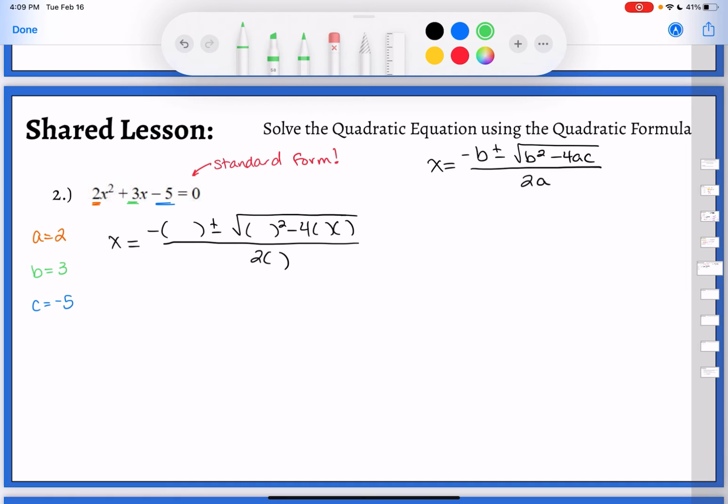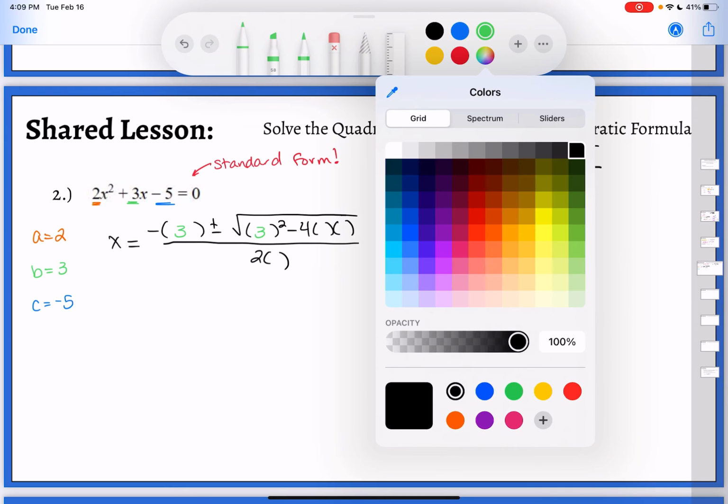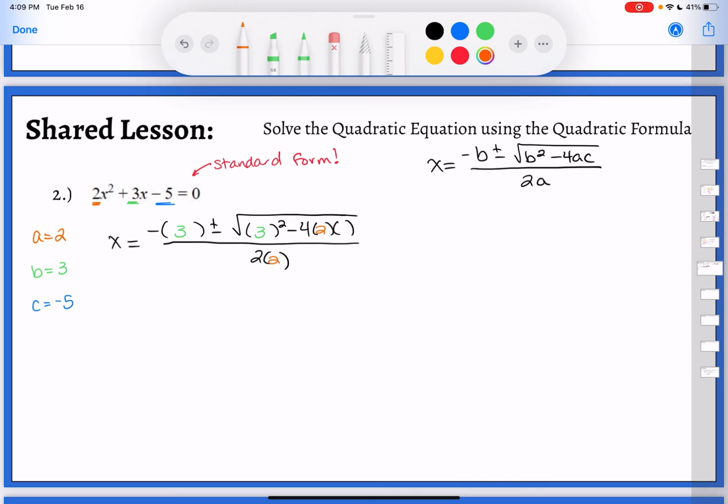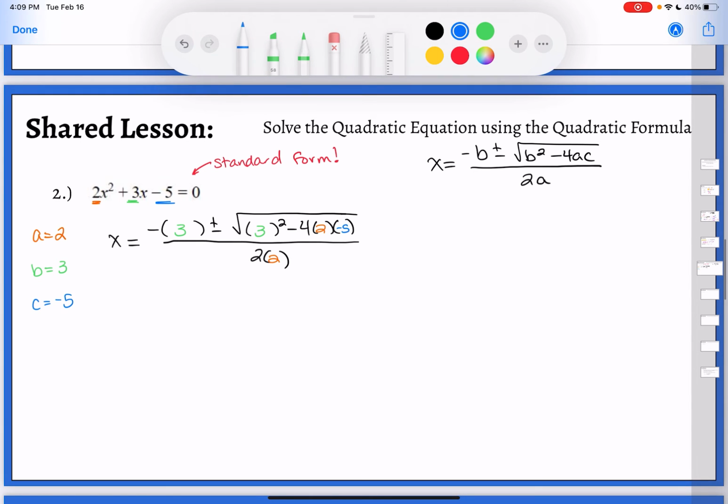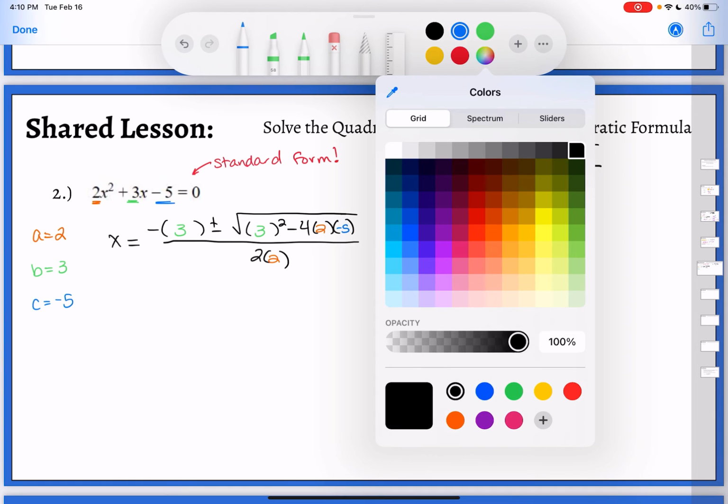Negative b plus or minus b squared minus 4ac divided by 2a. I put all my numbers in the right spots there, and now I start simplifying.